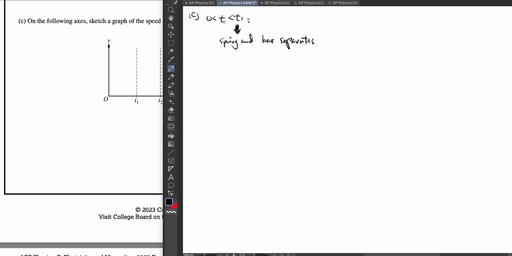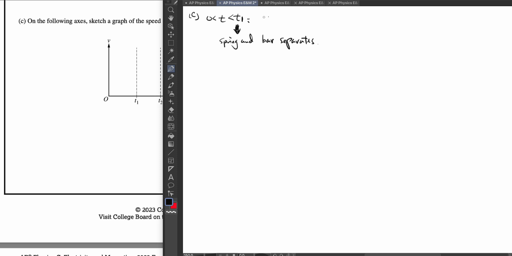In this time interval, the only force acting on this metal bar is the spring force, and the spring force will accelerate the metal bar. However, how do I draw that velocity? So we need a velocity relation, right?